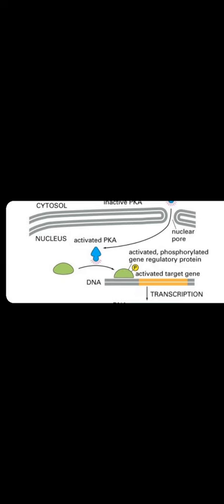In the nucleus, it activates the particular DNA molecule interacting with the promoter molecule. This activated PKA will transfer the phosphate group to the target protein called the gene regulatory protein. Now this regulatory protein is going to bind to its own particular DNA like iron and a magnet.